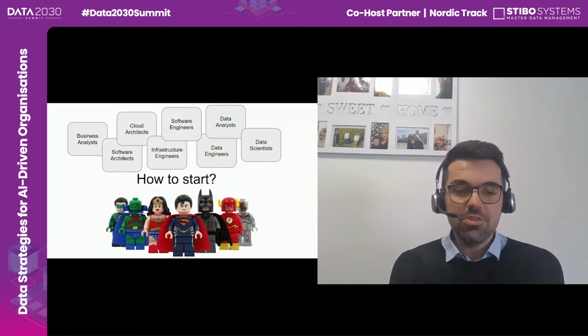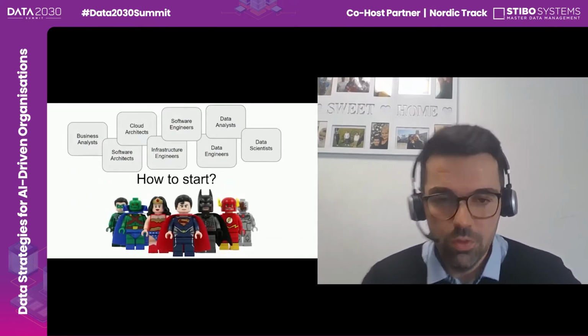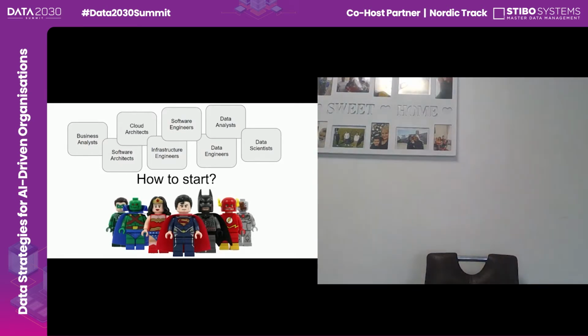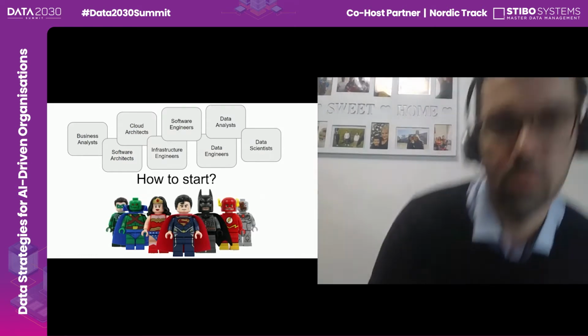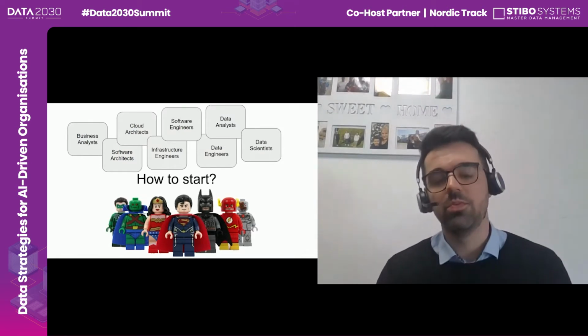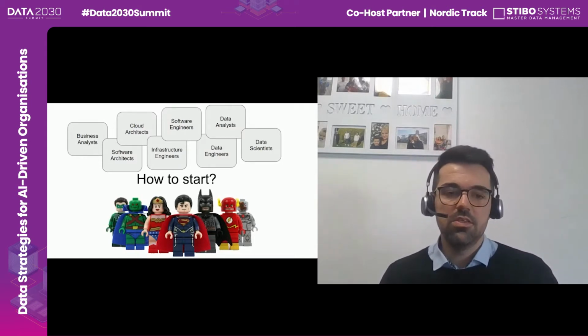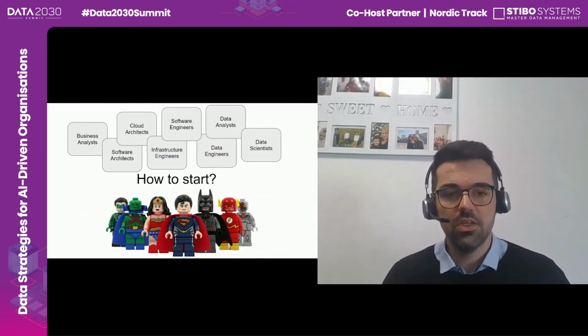So, how to start actually. If you look at all the various kinds of roles that a DataOps team should have, you quite quickly realize that it's not enough to have a bunch of data engineers, maybe some infrastructure engineers, data scientists, data analysts, cloud architects, business analysts.